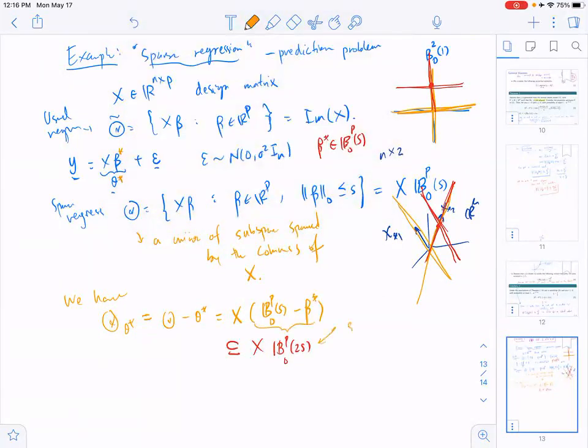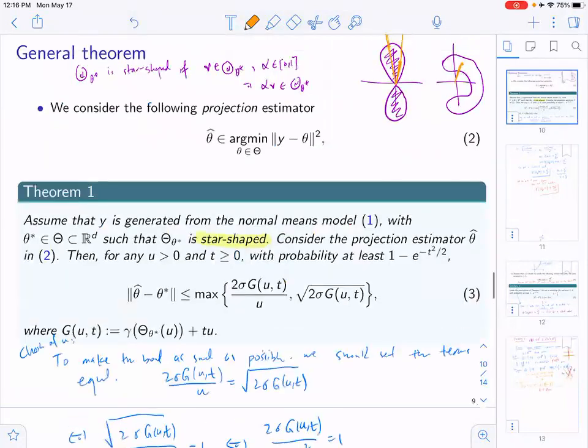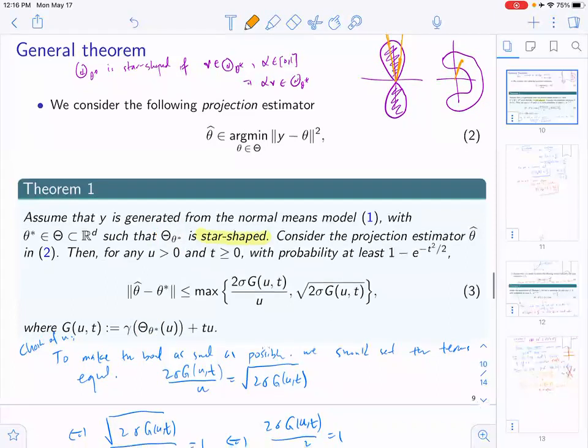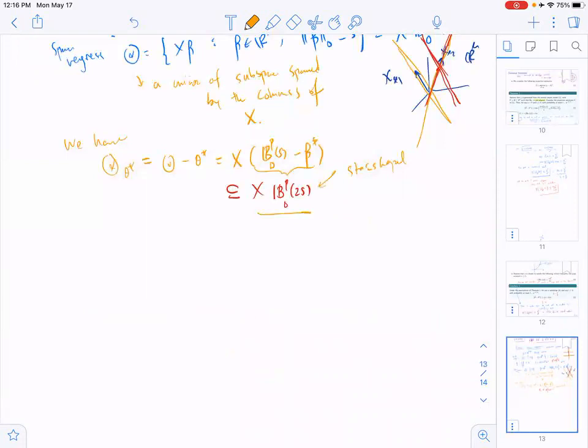This is star-shaped. And when we go over the proof of this result, you can show that you can replace this with any superset. And that superset appears here. And if that superset is star-shaped, then everything goes through. So you don't need to worry about necessarily this, but any set that contains this and is star-shaped can be replaced. So we're going to apply the result to this instead of this. This is not star-shaped, but is inside that star-shaped set.